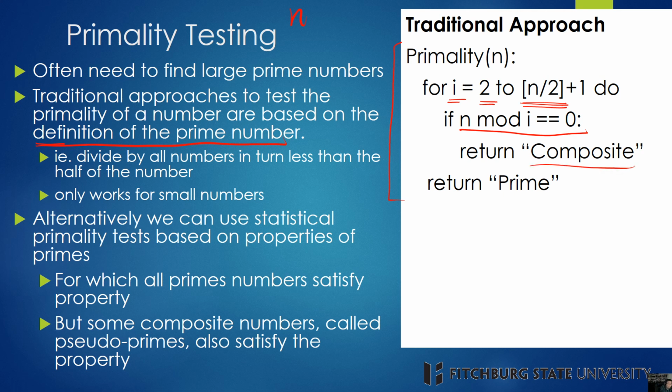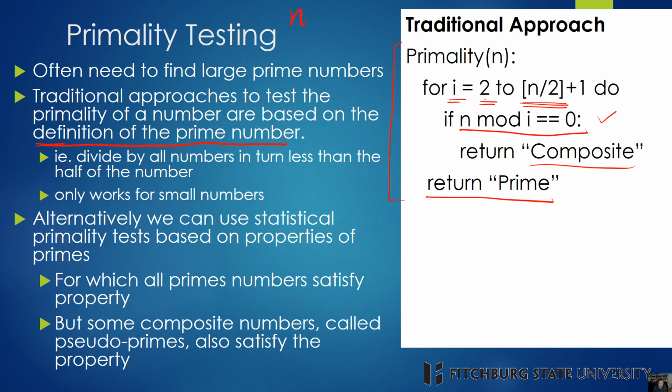Now, if for all the i's from 2 to half of n, none of this is true, that means we never execute the if statement, and then we return prime. That means n is a prime number. So this is a traditional approach. Now you think, oh, that's simple, right?